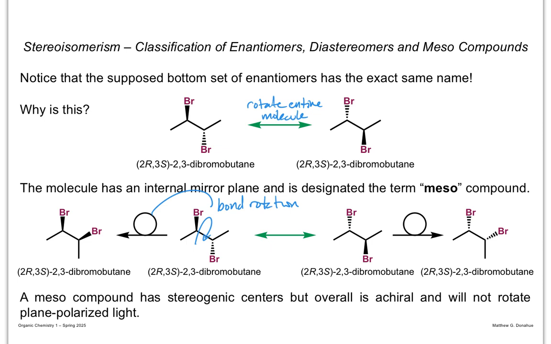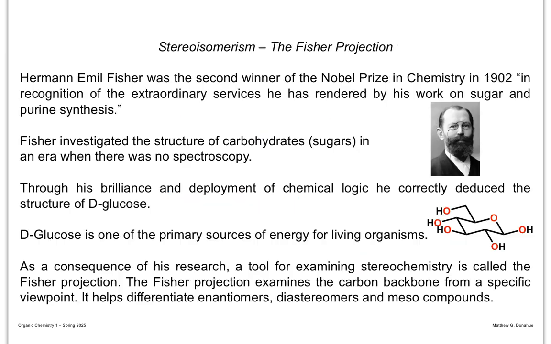So those type of activities are useful in determining symmetry. So that leads us into another way of looking at molecules that's going to help us determine if there is an internal plane of symmetry for something.